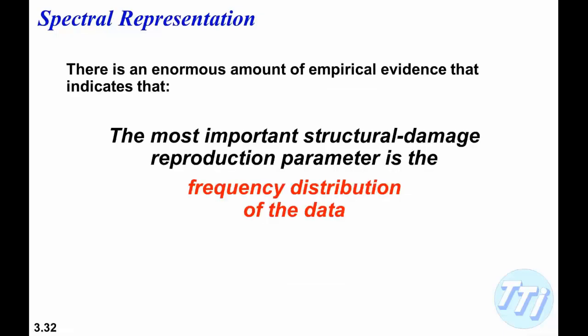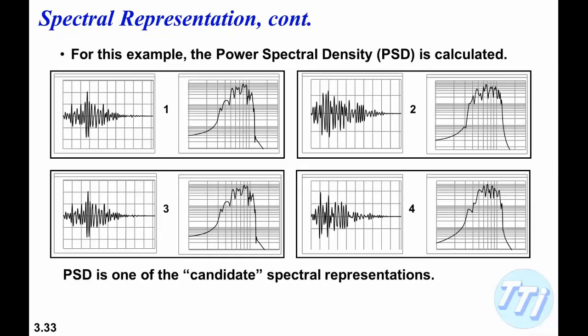And the critical thing here is that there's a lot of empirical evidence that indicates that the most important structural damage reproduction parameter is the frequency distribution of the data, whether we're hitting resonant frequencies of the specimen. If we are, then the specimen's going to take off and potentially fail.